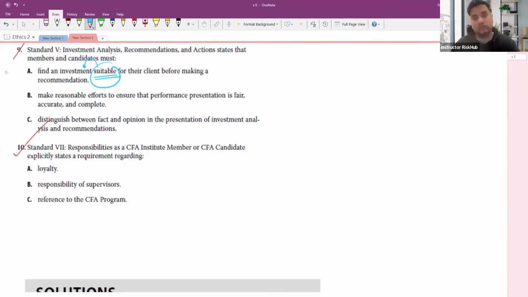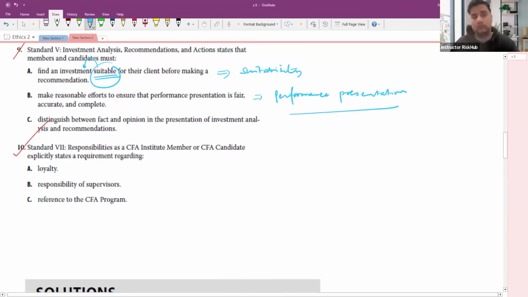That is your suitability, not your investment analysis, recommendation, and action. Then you have make reasonable efforts to ensure that the performance presentation is fair, accurate, and complete. Again, this is performance presentation. It's a word play. So if you look clearly, these two are wrong.